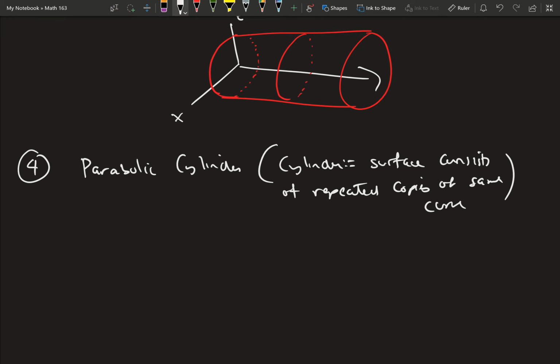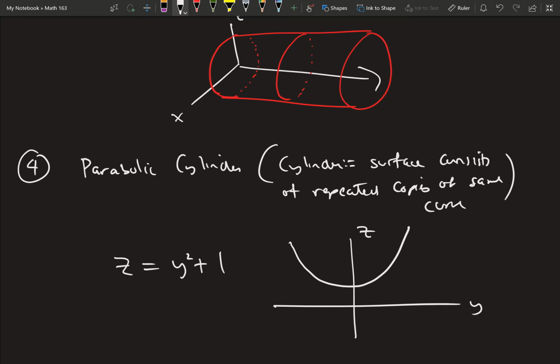Parabolic cylinder, so for example, if you have z equals y squared plus 1, then we can graph first in just the zy plane, z equals y squared plus 1, which is just a parabola. And then we can extend that out in the x direction because x is a free variable.